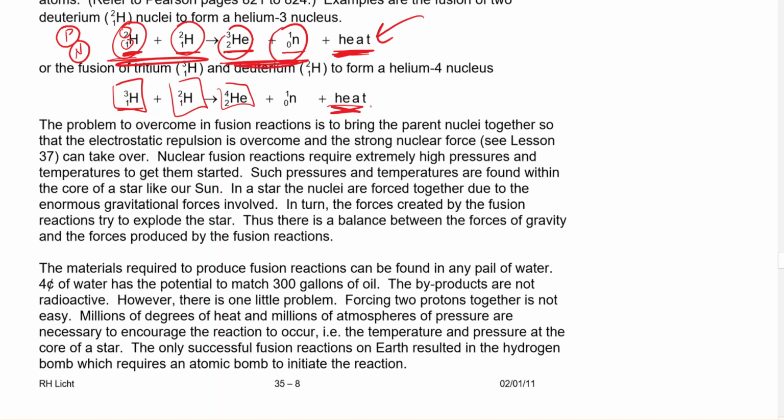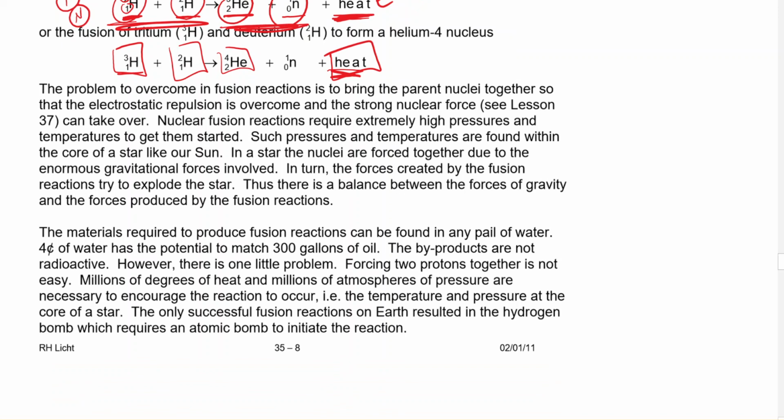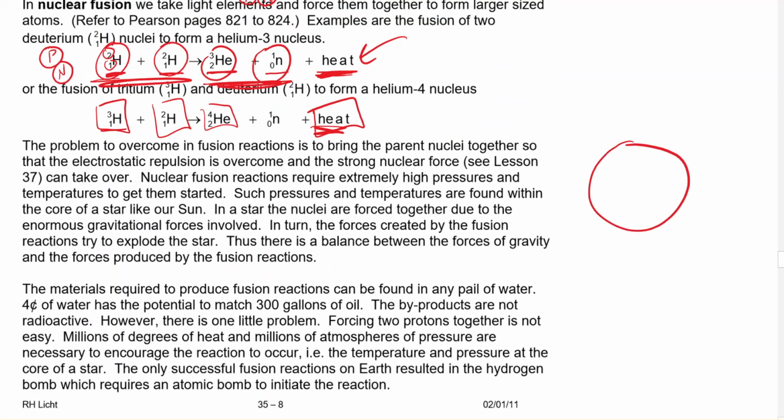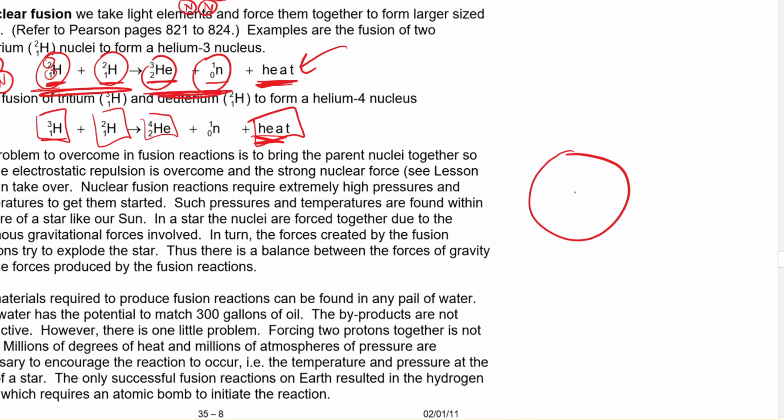This heat is what's powering our sun. Changing this small amount of mass into energy can have a really big effect, right? The only place that this can happen is in places of extreme pressure. So what's happening at the center of our sun?